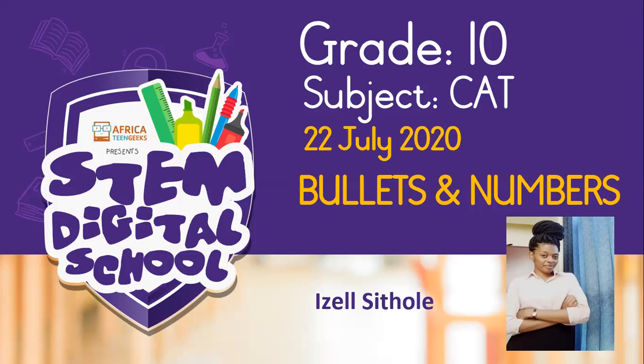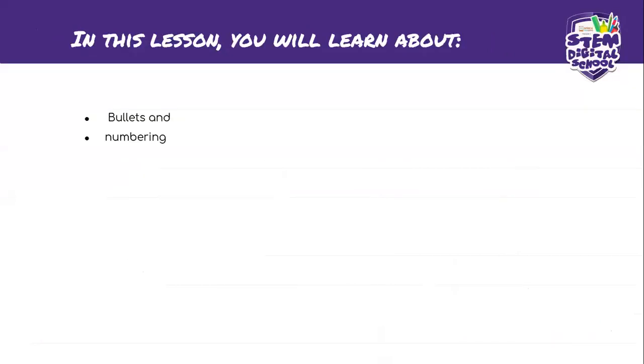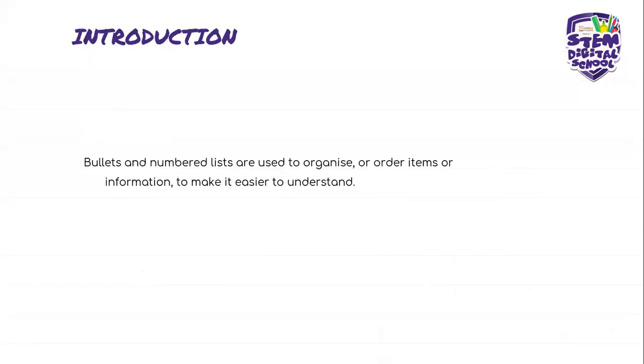Now we are moving to the bullets and numbers, how to insert them. Like I've said, our lesson for today is based on the bullets and numbering on Microsoft Word. Now let's get into it.